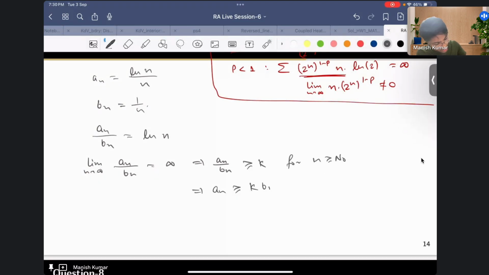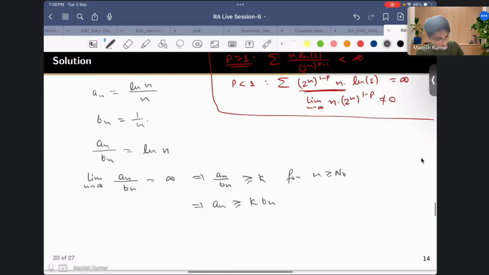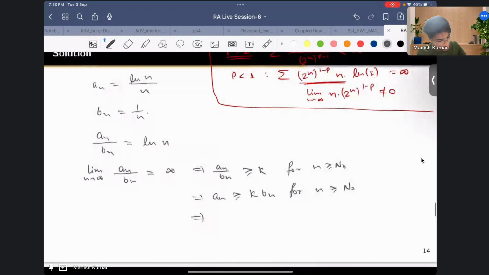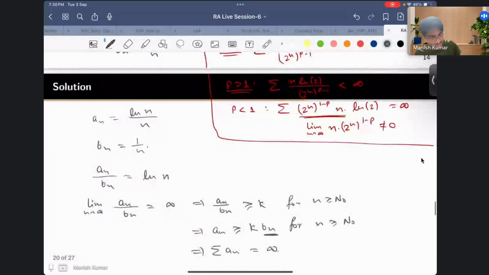Although in the limit comparison test you have the scenario when it is infinity, I am just giving the proof. So this is for n greater than or equal to n naught, and since summation bn is divergent, this will imply that summation an is divergent. I am doing this for p equal to 1, but the same thing will be done for p less than or equal to 1, nothing different.